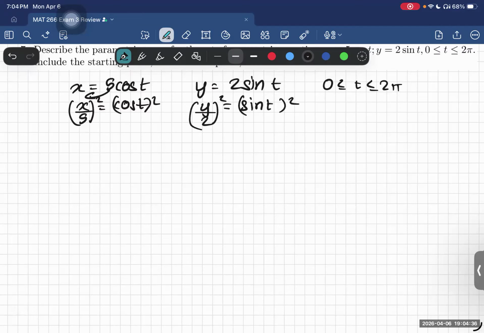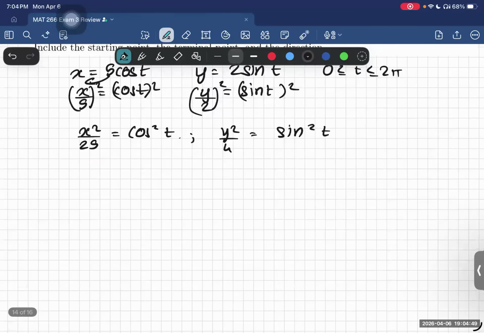I get x squared over 25 is equal to cosine squared t, and y squared over 4 is equal to sine squared t. Now, if we add these two values, x and y, I get x squared over 25 plus y squared over 4, I get cosine squared t plus sine squared t.